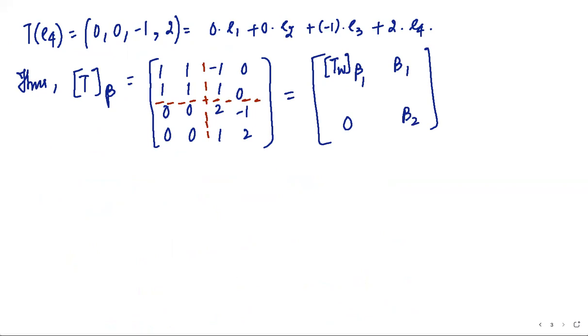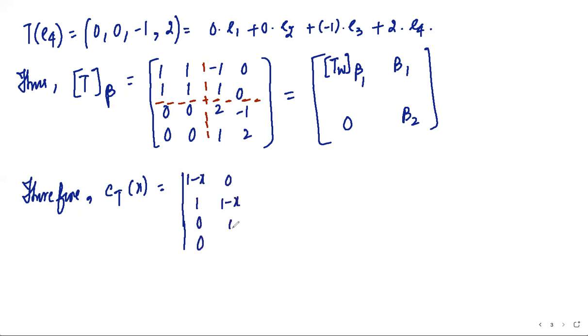Therefore, the characteristic polynomial of T is equal to the determinant of this matrix: 1 minus x, 1, 0, 0; 0, 1 minus x, 0, 0; minus 1, 1, 2 minus x, 1; and 0, 0, minus 1, 2 minus x.